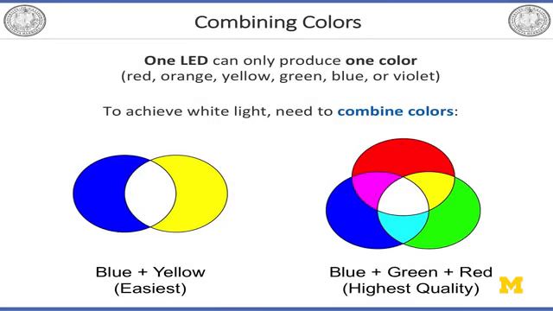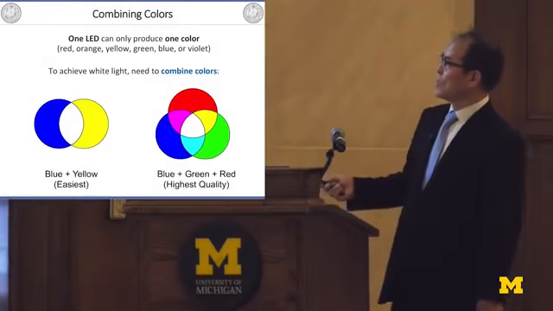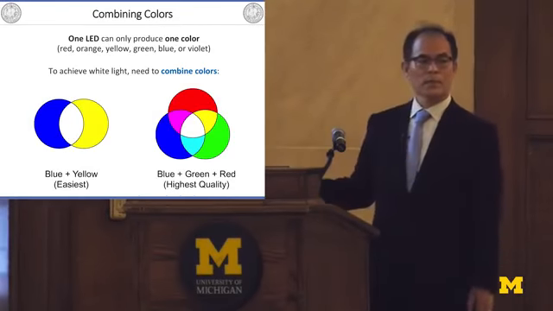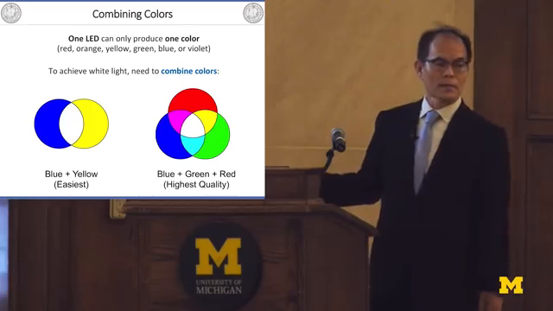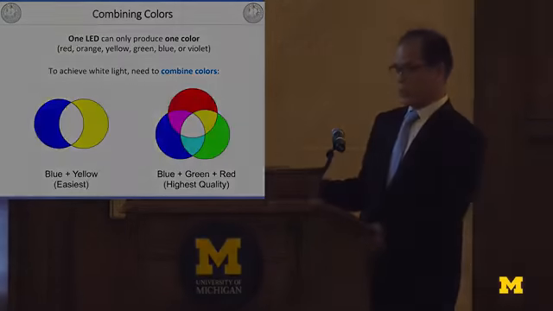The biggest market for the blue LED is white LEDs, because white is used for all kinds of lighting sources. To make white, just mixing blue and yellow, we can make white. Also mixing blue, green, and red colors, we can make white. But right now, the most popular technique is this one, because it's very simple and easy. We just need two colors, blue and yellow.